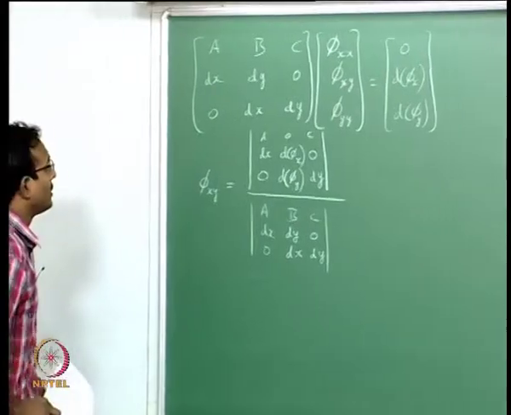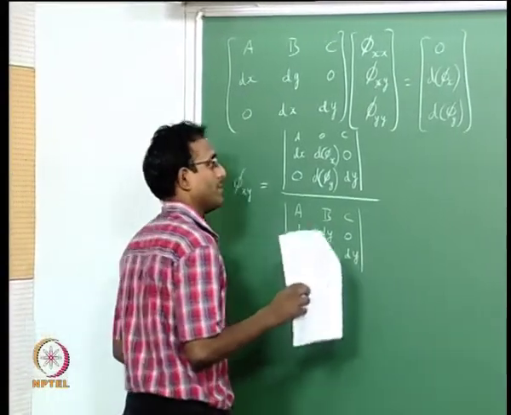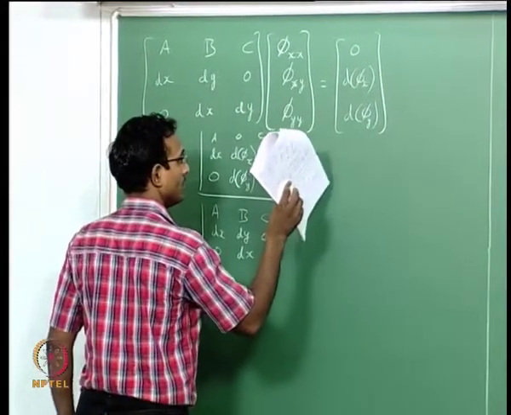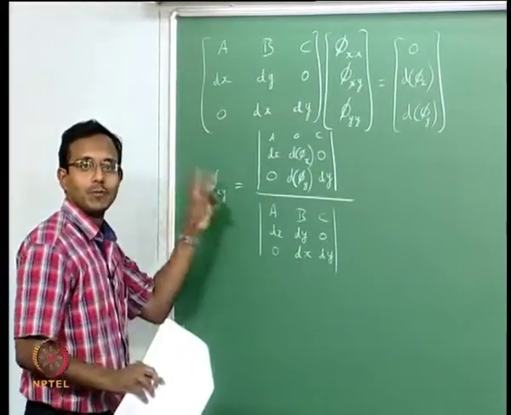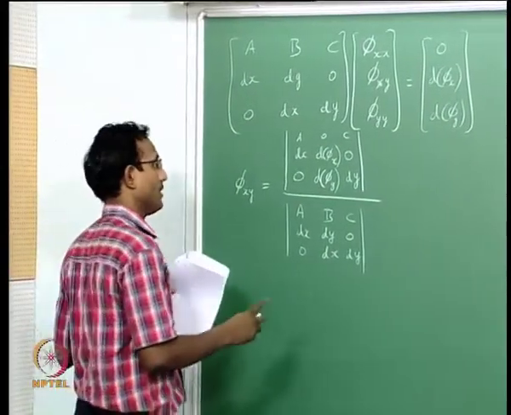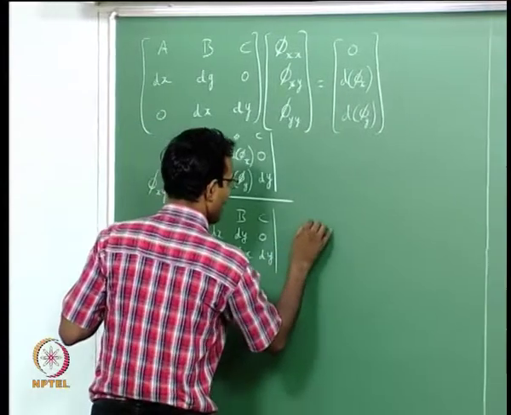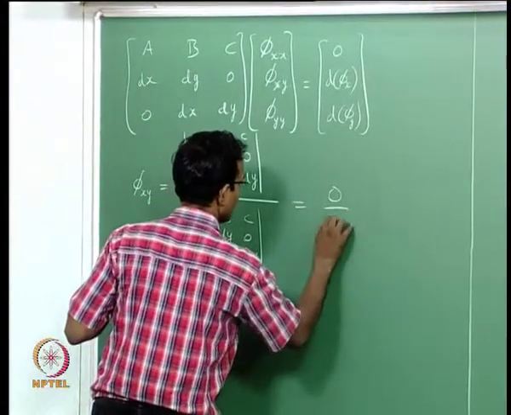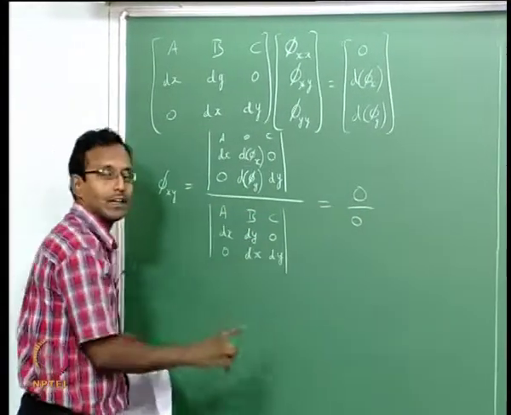And for this to be indeterminate, we should have denominator 0 separately, numerator 0 separately. Okay. And we looked at this part, it should be of the form 0 by 0. We did this part separately already.